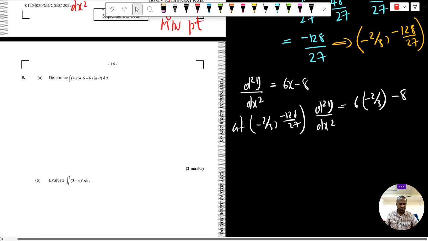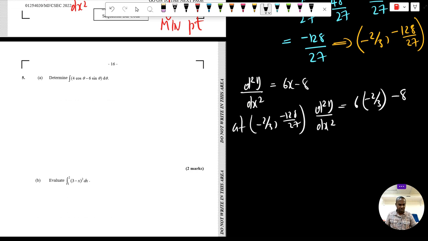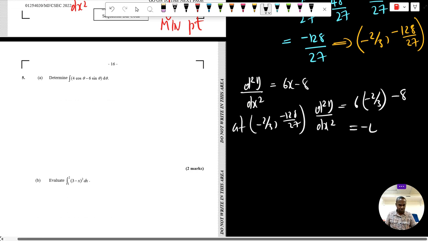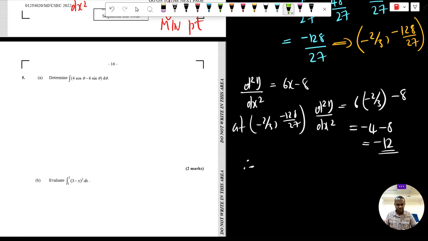And that is obviously negative. So minus 2/3 times 6 is minus 4, minus 4 minus 8, which is equal to negative 12. And this therefore tells us that this point right here is a maximum point.